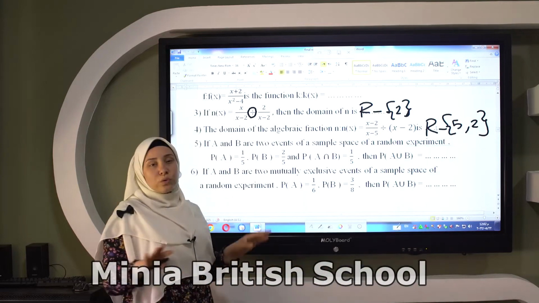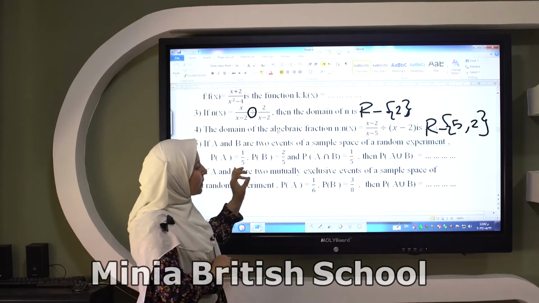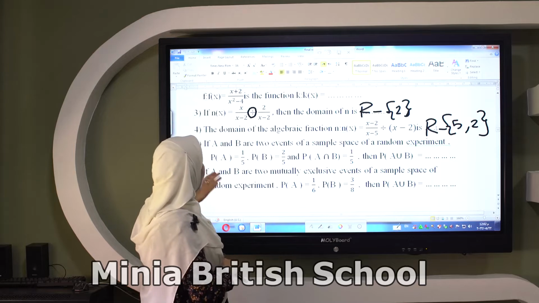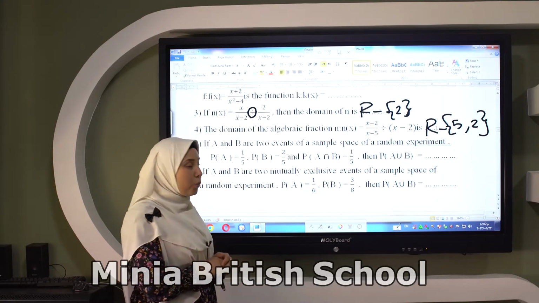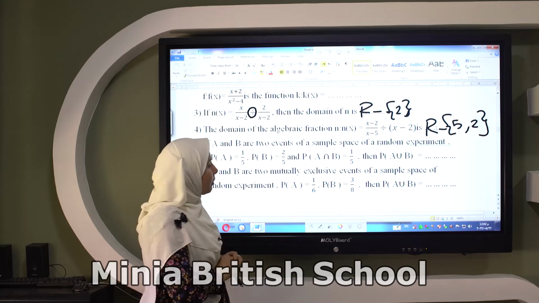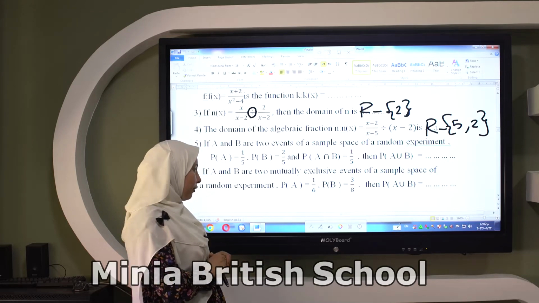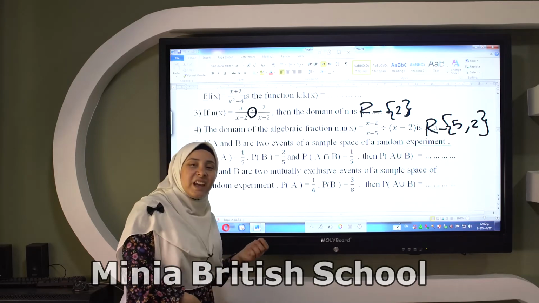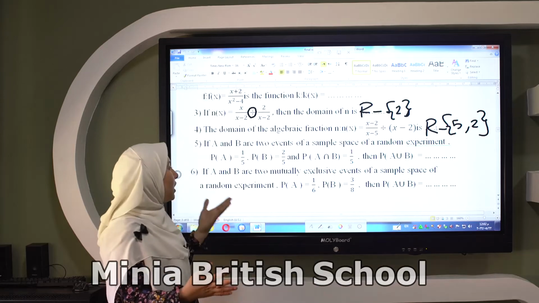A and B are two events of a sample space of a random experiment. The probability of event A equals 1/5, the probability of B equals 2/5, and the probability of A intersect B equals 1/5. Then the probability of A union B equals what?